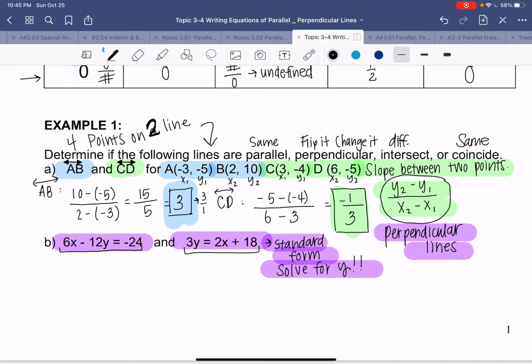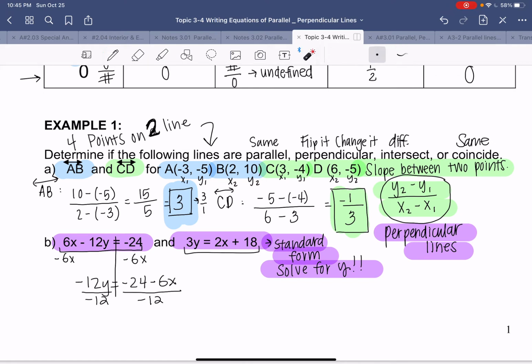So like this one, I'm going to subtract 6x on both sides. I obviously cannot subtract 6x from negative 24 because negative 24 doesn't have an x. So it gets left as negative 12y equals negative 24 minus 6x. I am then, in order to get y by itself, I'm going to divide by negative 12.